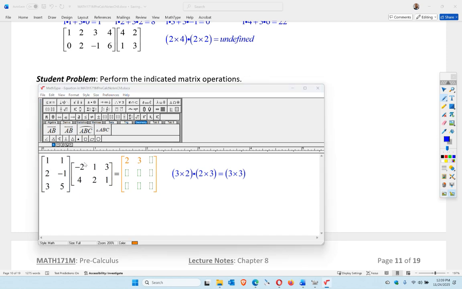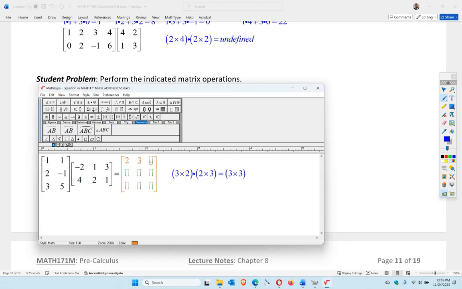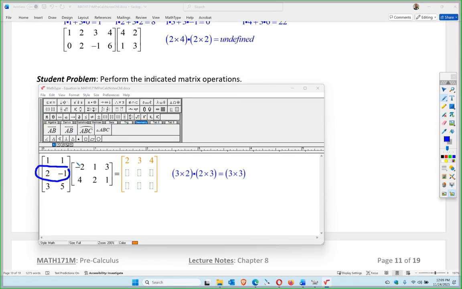Alright, and then the last one on the top here. Because we're doing the top row and the top row, correct? Times this column. So 1 times 3, 1 times 1, so that's what, 4 when I add them together? Okay, so now we're going to do the middle. So the middle times this one gives me this one, right? Because that's the middle row, first column, middle row, first column.